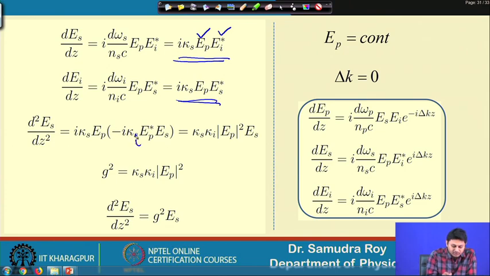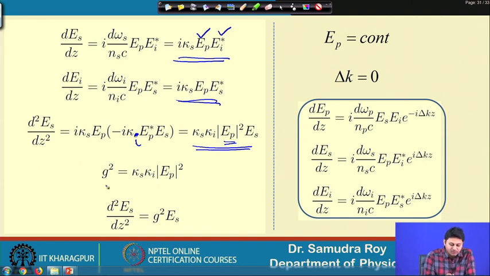This quantity should be Es, this is a typing mistake, kappa s. So, now these two terms can be written this way: i times minus i becomes 1, kappa s kappa i will be multiplied, and Ep star, so I will write mod of Ep squared and Es.